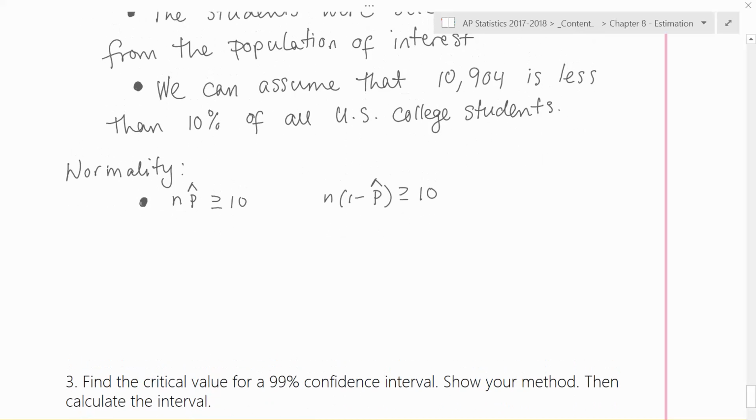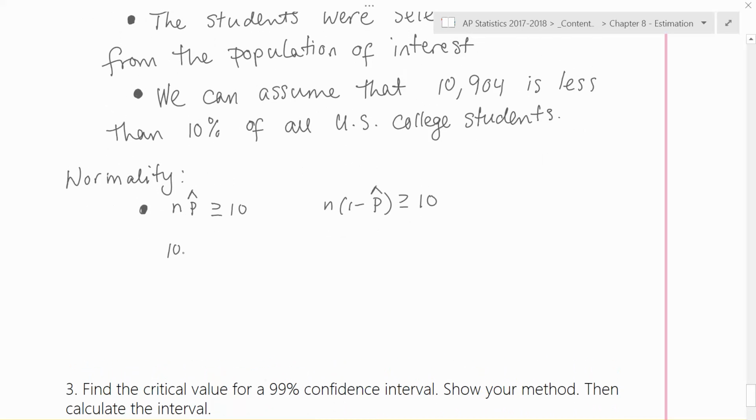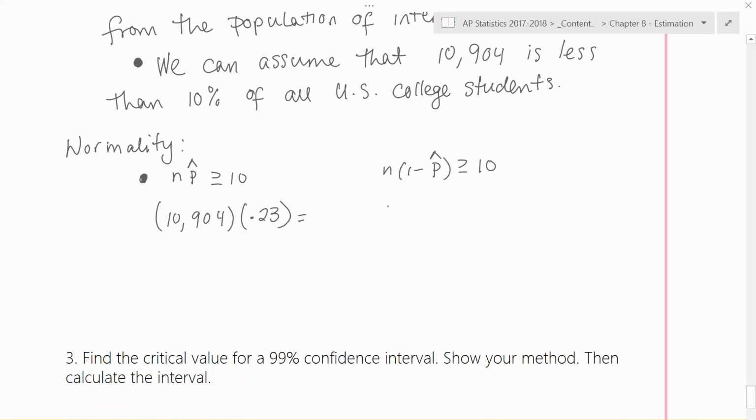So, this is going to work out. It's pretty obvious because we have 10,904, and the sample proportion that we calculated was 0.23. So basically, we're just counting the number of successes and the number of, we could call these failures. Not that we say binge drinking is a success, but as it's defined in probability, it is.